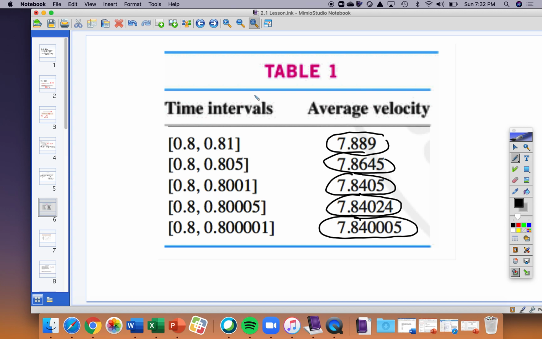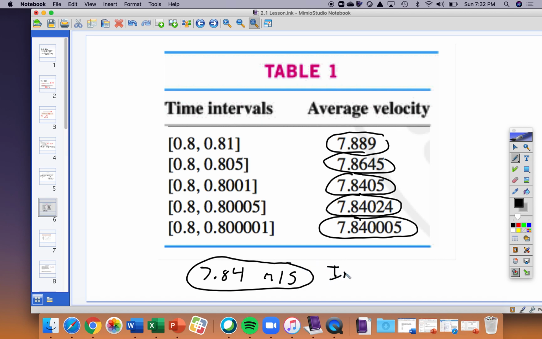And what you'll see is that as the time intervals get very close, the average velocity seems to be approaching some number. That number looks like it's going to be 7.84 meters per second, and that is estimating the instantaneous velocity.